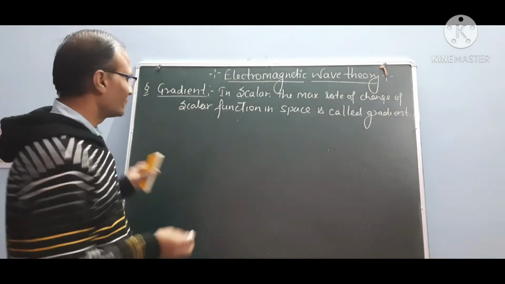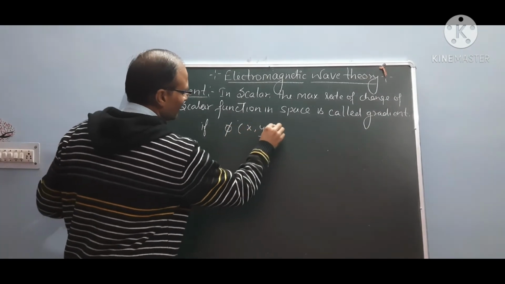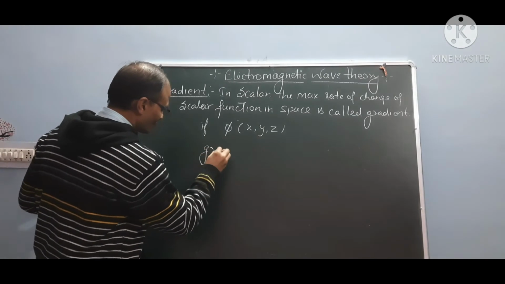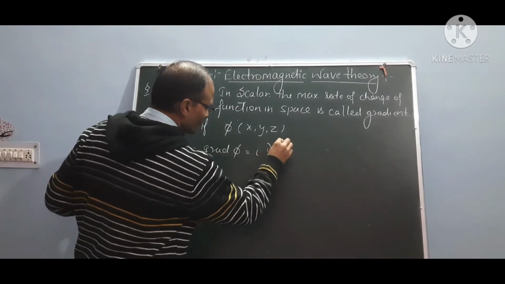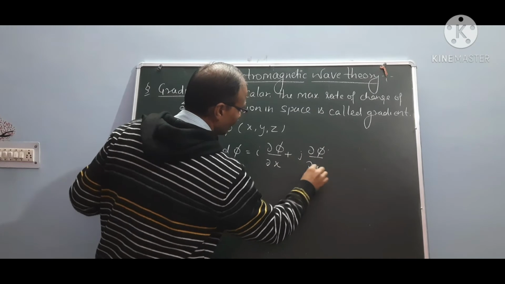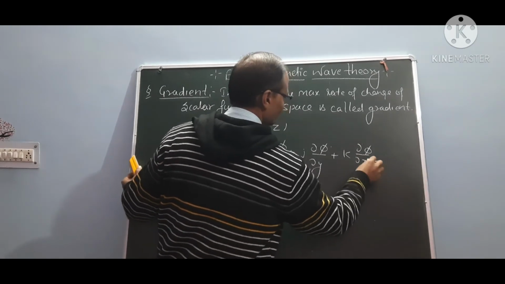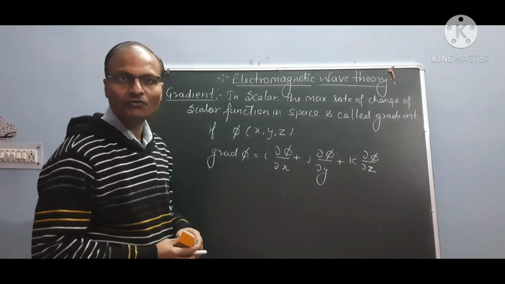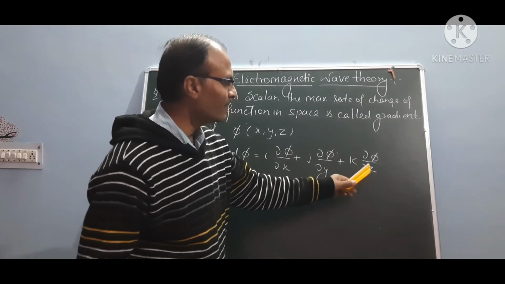If phi is the function and the coordinates in space are x, y and z, then grad phi equals i times del phi over del x plus j times del phi over del y plus k times del phi over del z.